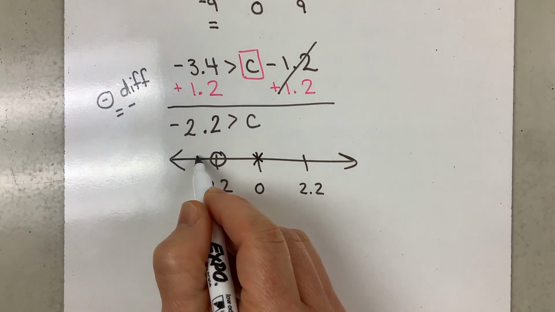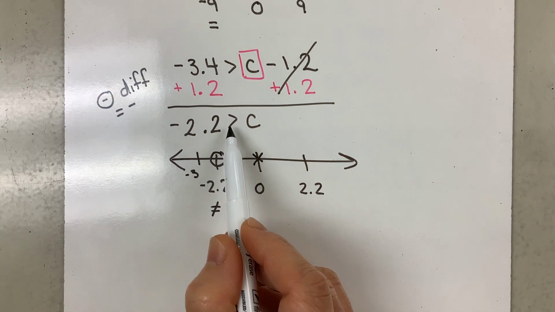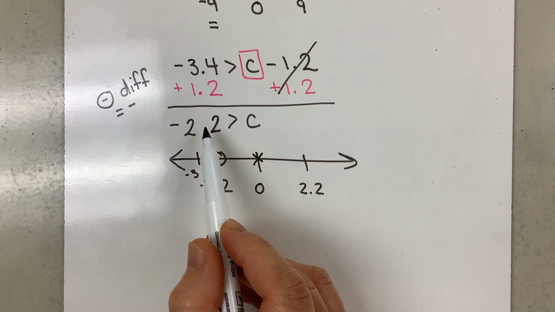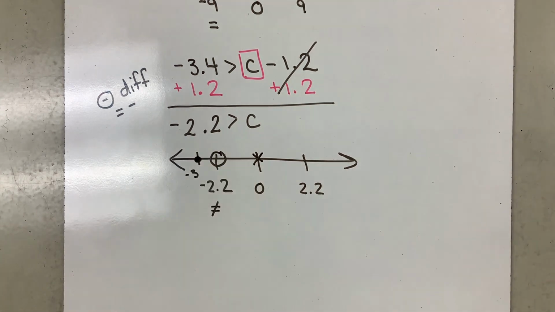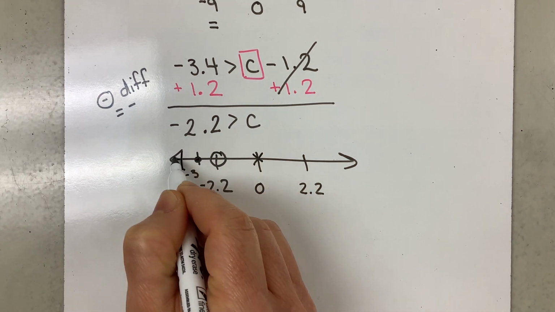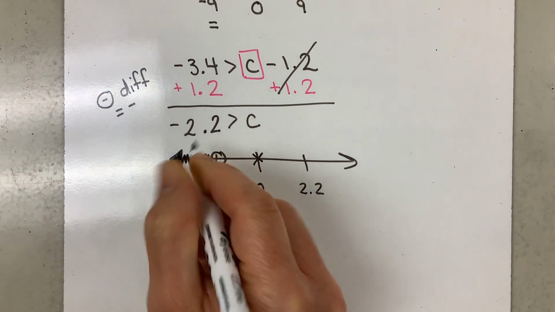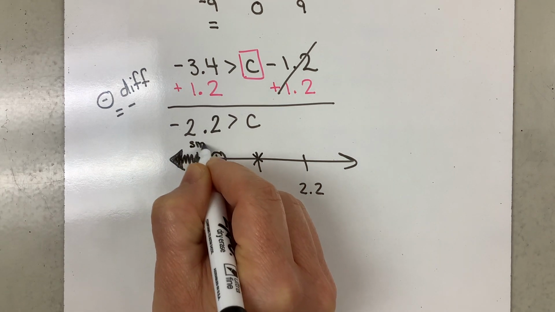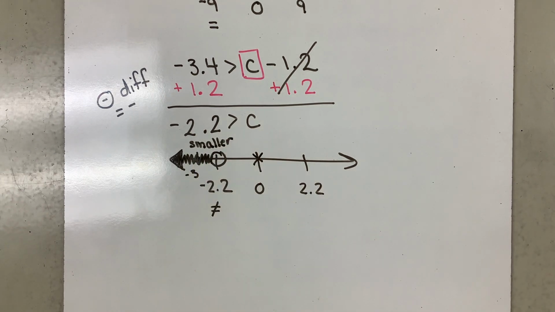If I was to come over here and look at negative 3, is negative 3 smaller than negative 2.2? Yes, that is true. So we are actually going to be using the C smaller than this. So we're going to fill in this side, because smaller means we're getting more negative. So this is the smaller side.